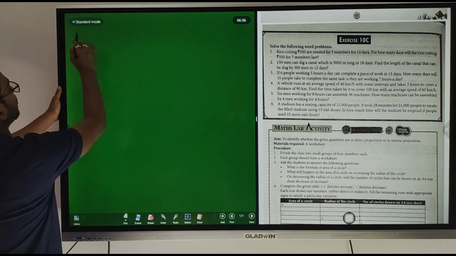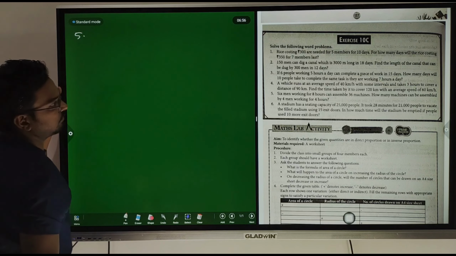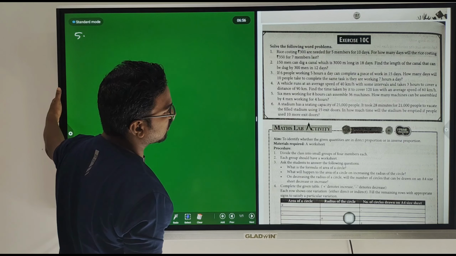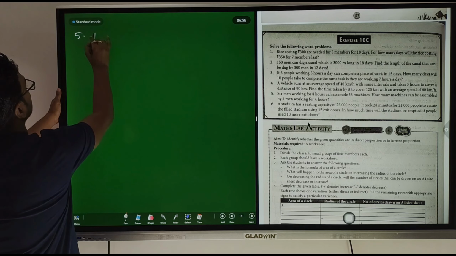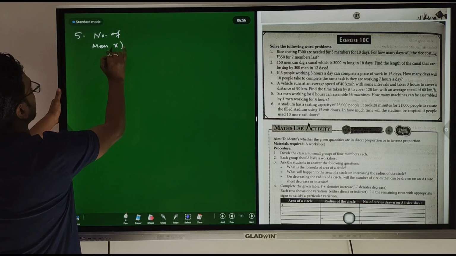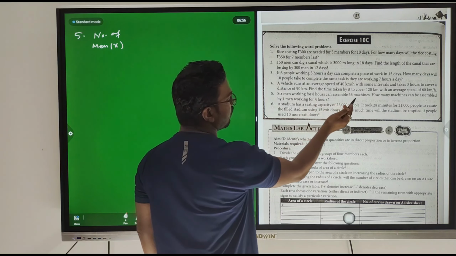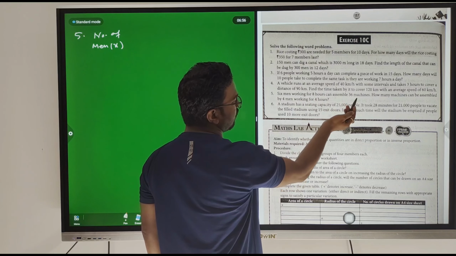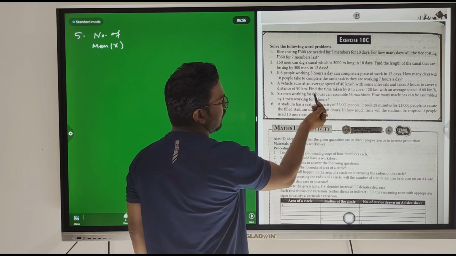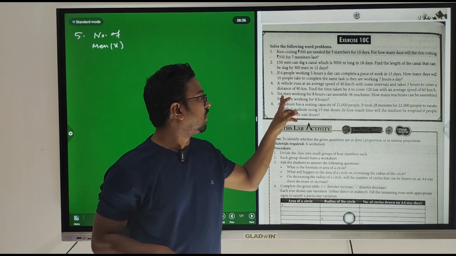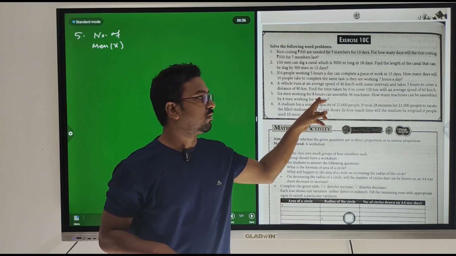Okay. Next question, question number 5. 6 men working for 8 hours can assemble 36 machines. So number of men, this is x, and directly proportional. Which one is directly proportional? More men, more number of machines. Less men, less number of machines they can assemble, right? So hours is inversely proportional, right? More men, it will take less hours.